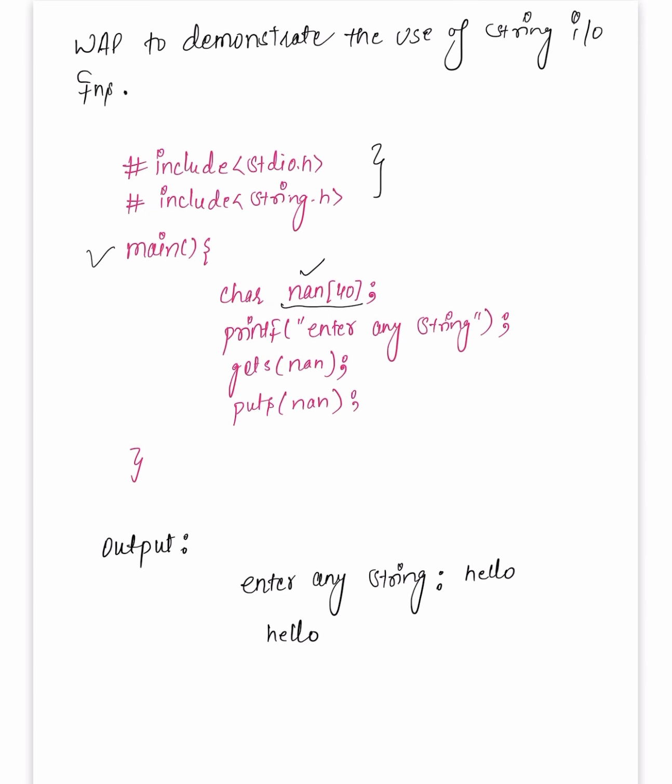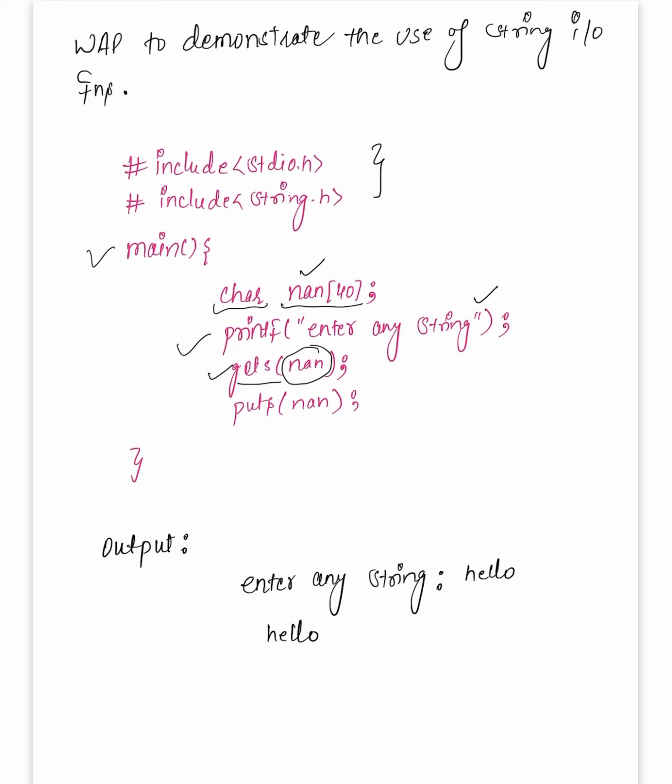With the help of the data type char we declared the array named nan of size 40. Next is printf for displaying a line on the screen: enter any string. Next, the gets function will be used for reading the string from the user, and nan is the name of your array string.